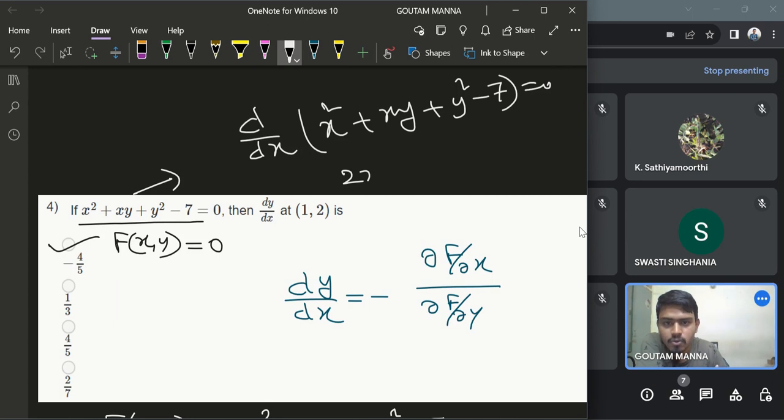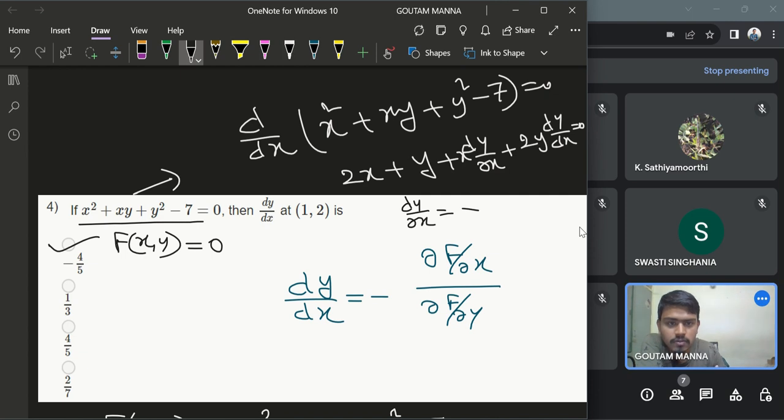And it will be 2x plus y plus x times dy dx plus 2y times dy dx equals 0. From here you can just calculate dy dx. Dy dx is minus of (2x plus y) by (x plus 2y).